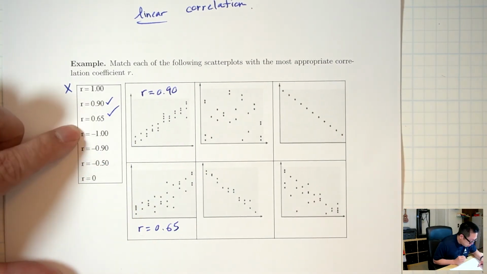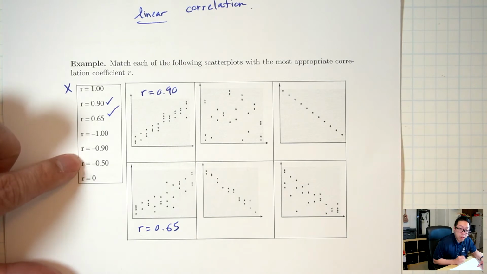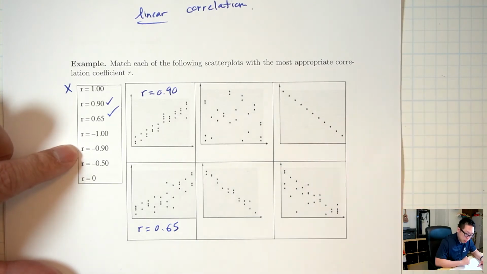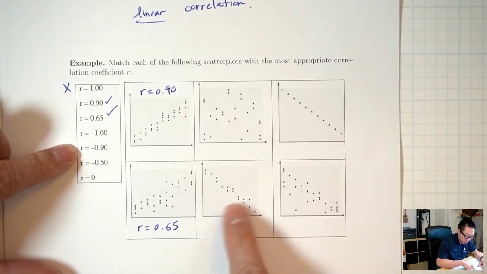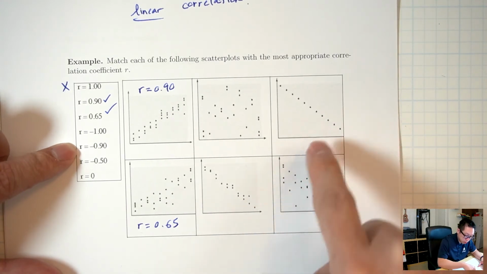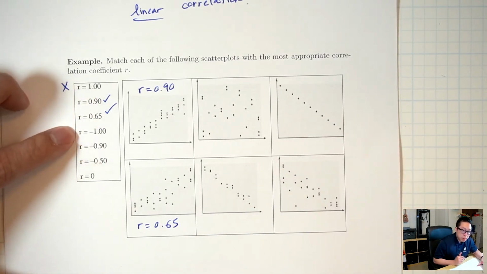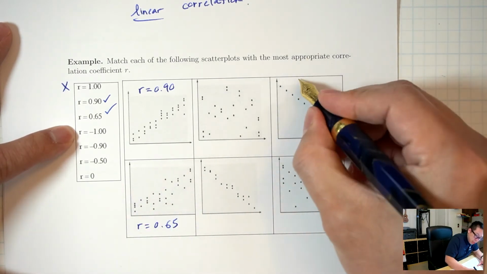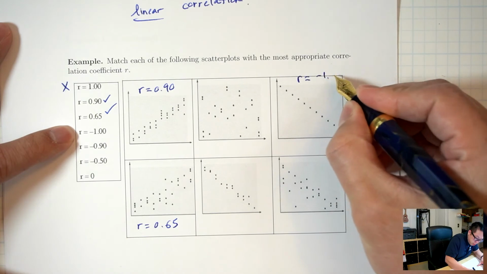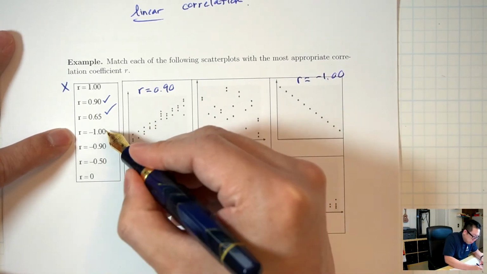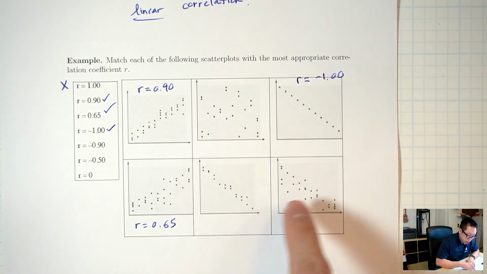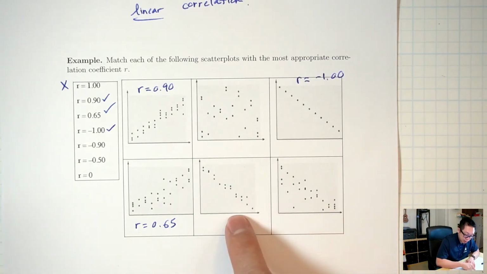The next 3 are negative 1, negative 0.9, and negative 0.50. These are all negative, so they should go with pictures that show negative correlation, in other words, pictures that go downward. So these 3 pictures. Negative 1 means it's a perfect line, so it should go with this picture. This is negative 1. Then negative 0.9 and negative 0.5: which of these pictures looks more like a line?